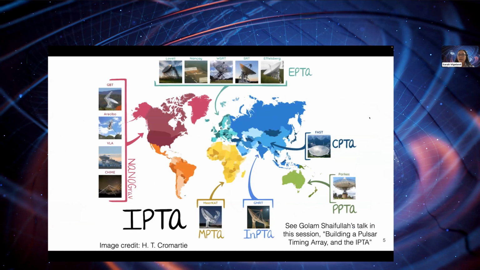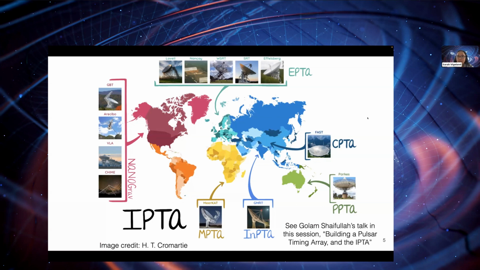There are a number of pulsar timing array experiments that are active around the world, shown here in this nice image by Thankful Cromartie. As I said, I'm a member of NANOGrav, and I'll primarily be talking about our results. But we also have colleagues in the IPTA, the PPTA, the NPTA, the CPTA, and the MPTA.